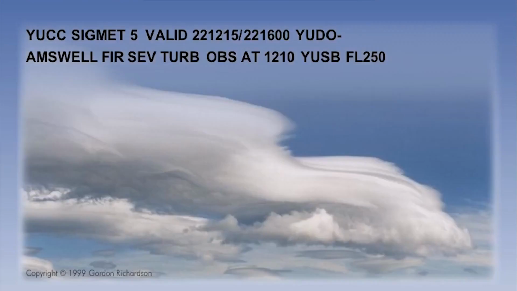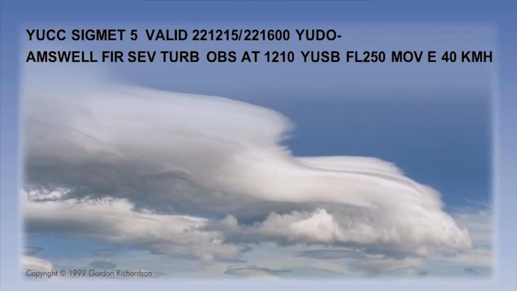Movement, or expected movement, of the phenomenon is provided for by reference to one of the 8 points of the compass. Speed is given in kilometers per hour, knots, or stationary, as appropriate. We've used MOV E 40 kilometers per hour in our example, to indicate that the severe turbulence is moving east at 40 kilometers per hour.